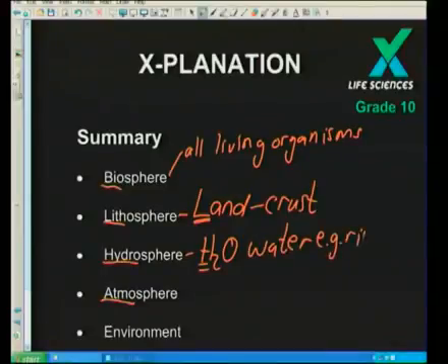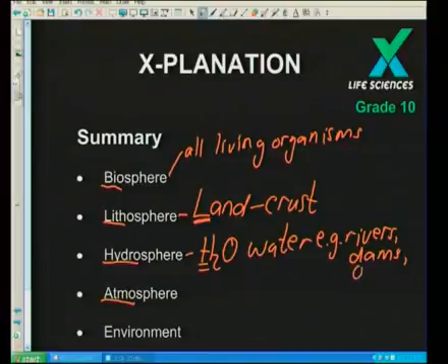For example, we get rivers, we get dams, our lakes, and then very important, like we said, is our marine biome, which are our oceans. And that is the salt water, the marine regions.